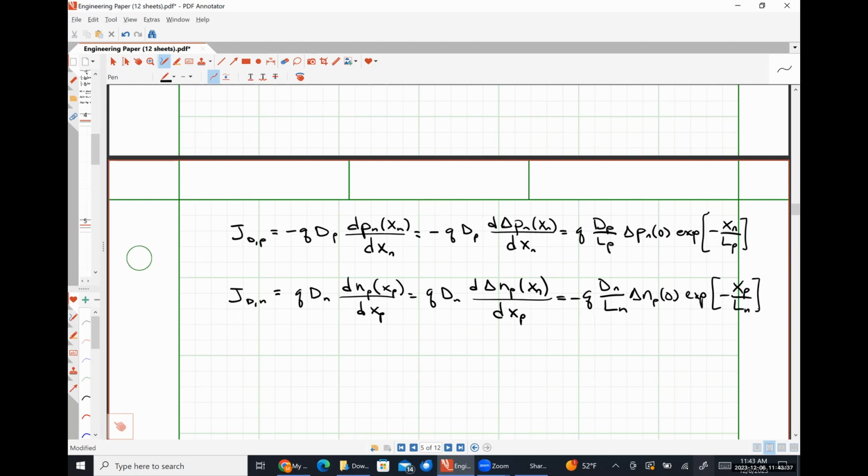So why doesn't this one get a negative sign? Because positive current is in the opposite direction of electron flow. Our charge carriers are moving in opposite directions. This one should be x sub p. Thank you.